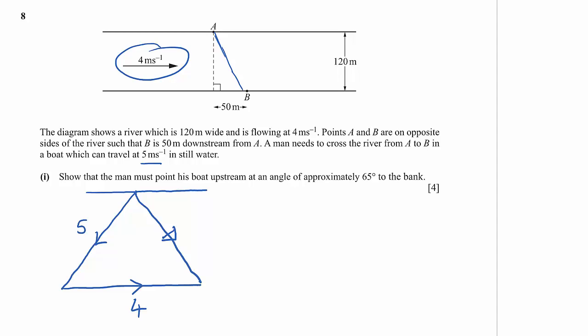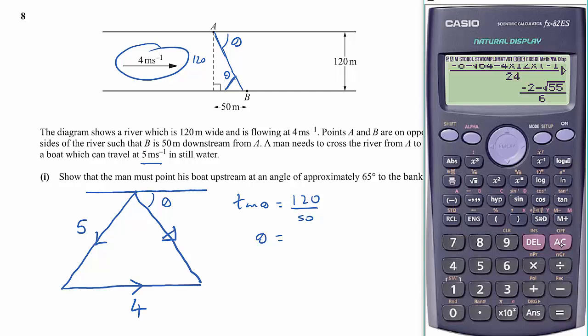Now, we can actually work out this angle here. That angle there would be the same as this one here. And we know that this is 120 and this one's 50. So let's call that theta. tan theta is 120 over 50. So theta is going to be the inverse tangent.